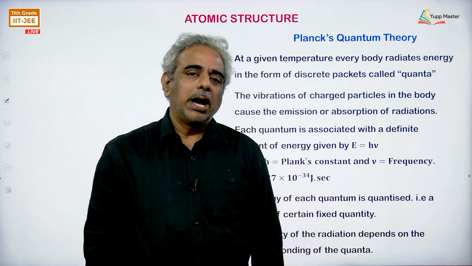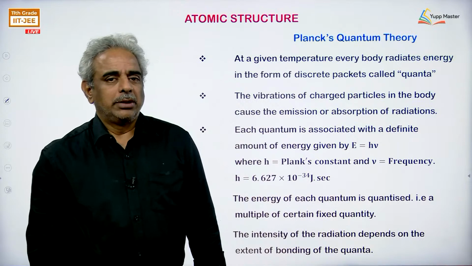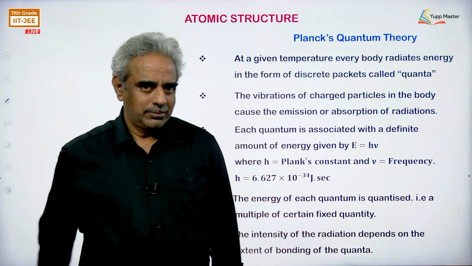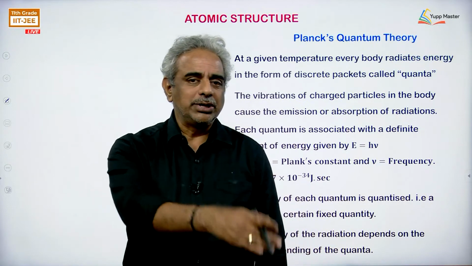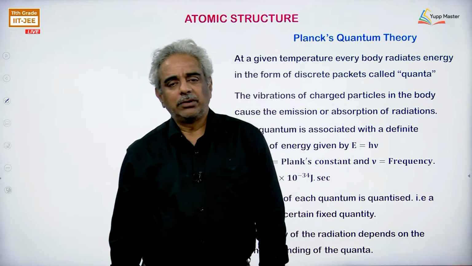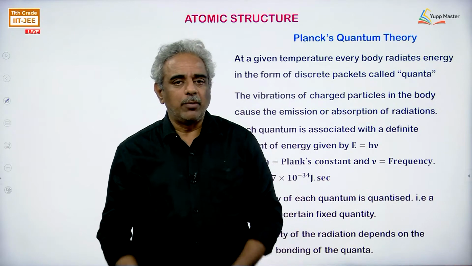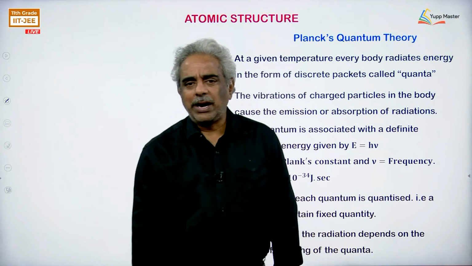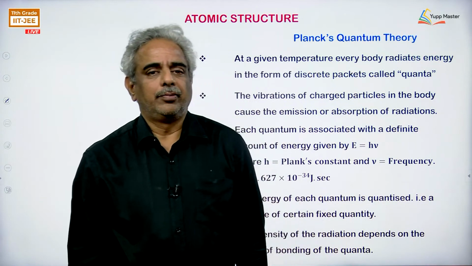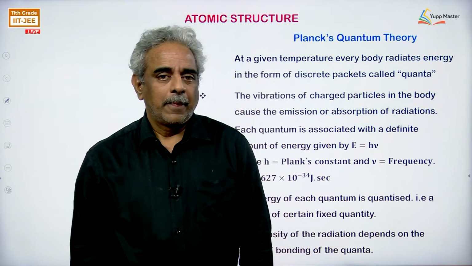Greater the bundling, higher the intensity. This is pertaining to a hot body. What did you see? 3000 Kelvin, 4000 Kelvin, 5000 Kelvin. You raised the temperature of a body. Somewhere you got light also, that 400 to 700 nanometers.